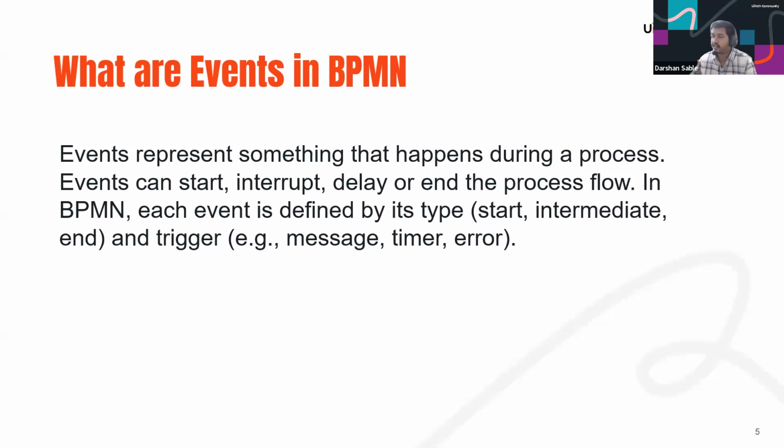That we can call an intermediate event. The restaurant accepts your order, they prepare your food, the delivery partner gets assigned, and after that we have an end event, which is the food delivered to your home. This example perfectly suits the events we have in BPMN.